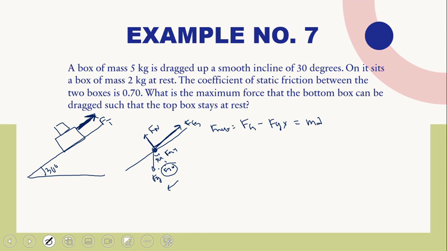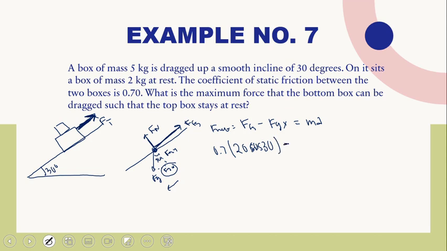Okay, so now we can plug in all the values we know and solve for A. To calculate the static friction force on the box, we know that mu is 0.7, and that's going to be multiplied by the normal force, which is 20, the weight of the box, cos 30. Because remember, the normal force on the box is equal to the y component of it.